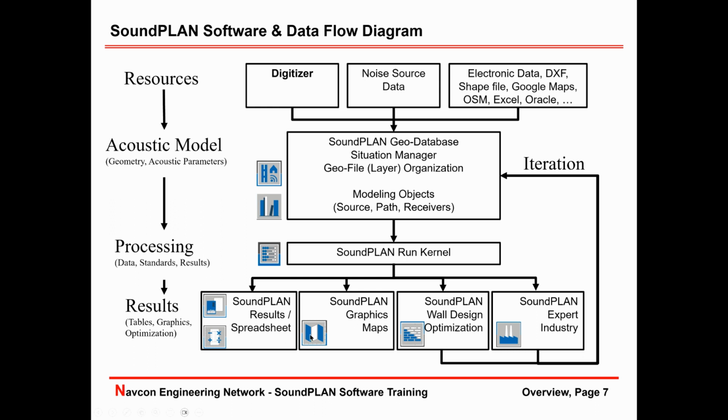The results will be generated, graphic files or the input for graphic files will be generated, or outputs will be generated for the wall design or the optimization of walls or the expert industry. Now, with these two optimization programs, the results can again be saved back into the Geo-database for further calculation.